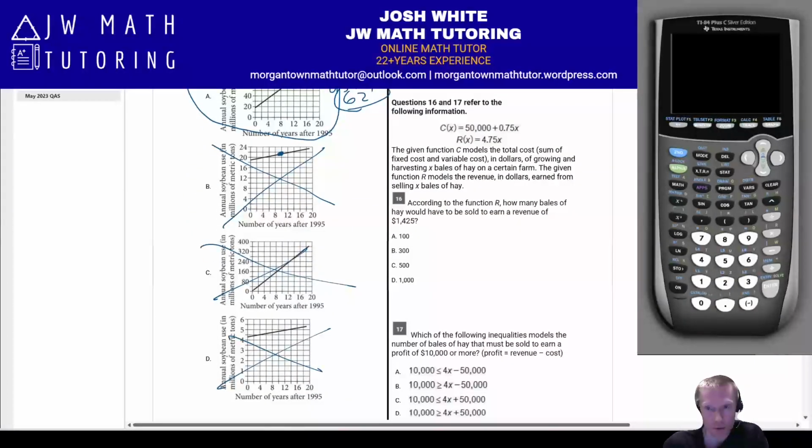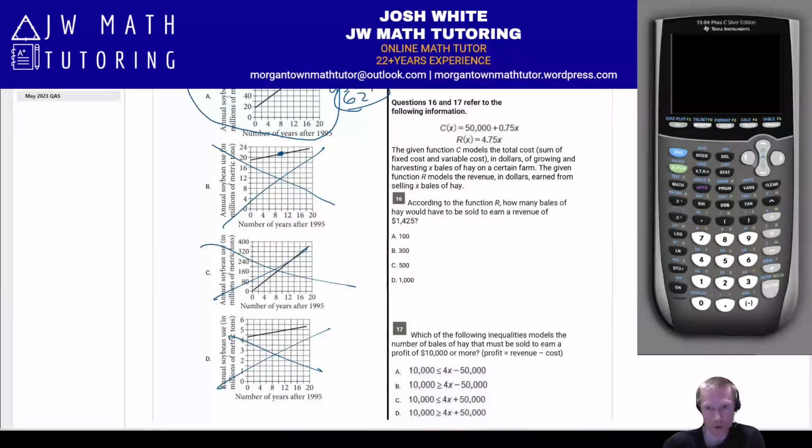All right, now for number 16. Here we have some functions again. For the revenue function, they give you the value for revenue, 1425, and they just want to know how many bales of hay would be sold. So X in these equations represents the number of bales of hay.